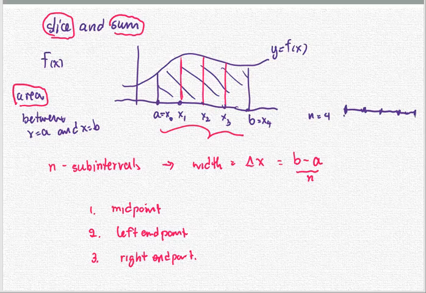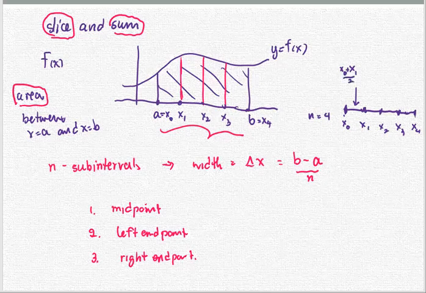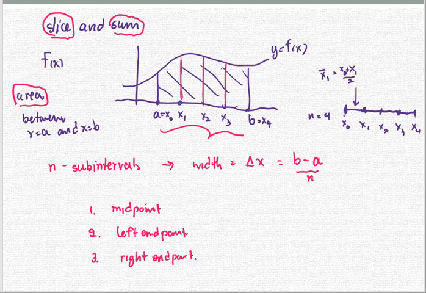So the midpoints for this case, if we name these x0, x1, x2, x3, x4, the midpoint can be the point in between x0 and x1, which can be found by adding them and dividing by 2. So x0 plus x1 divided by 2. That would be called x1 bar, or the average of the two values here.